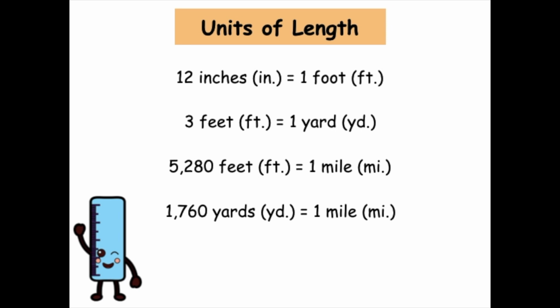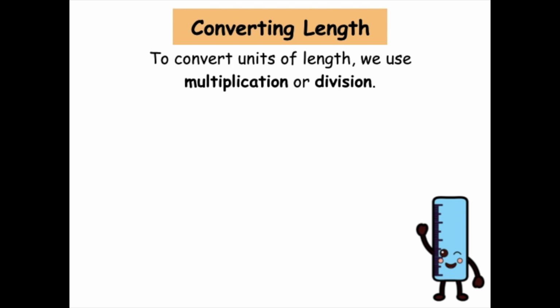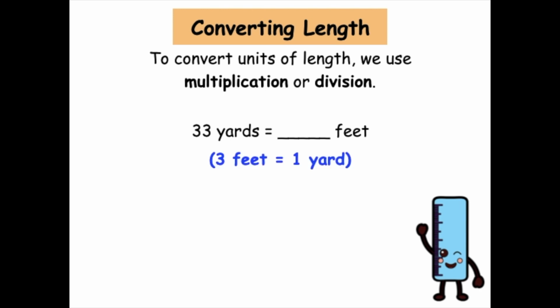With that being said, we're going to jump into a couple little practices so we can get the hang of it before you do one on your own. When we are converting units of length, we are going to use multiplication or division. So, 33 yards equals blank feet. If we want to know how many feet are in 33 yards, we would go back to that units of length in our copybook and see how many feet are in 1 yard. There are 3 feet in 1 yard, but in this case I have 33 yards.